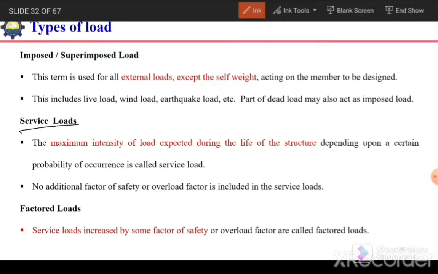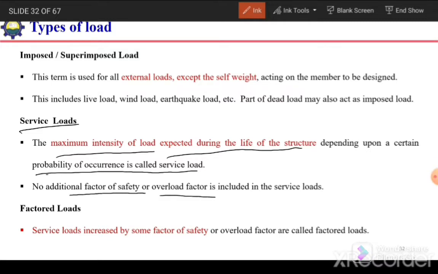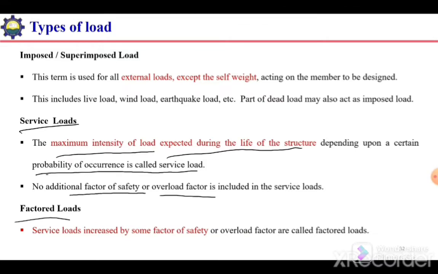It is the maximum intensity of load expected during the life of the structure depending upon a certain probability of occurrence. In case of service load, we do not apply any additional factor of safety. If we apply a factor of safety on the service loads, this will be termed as a factored load.